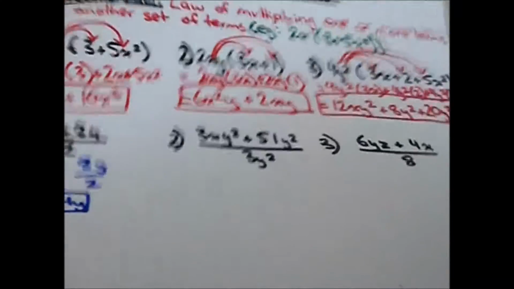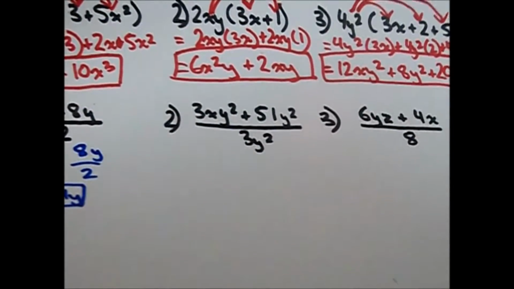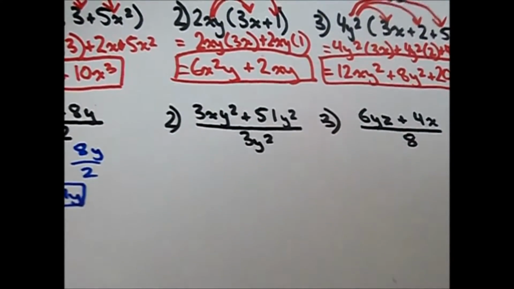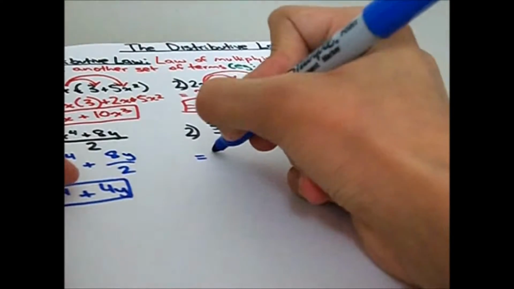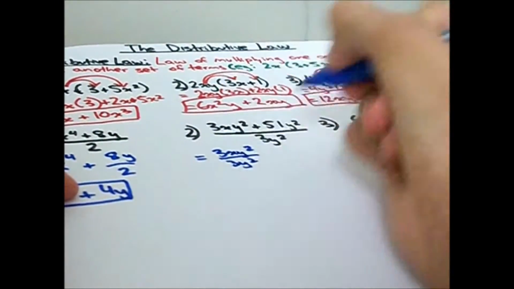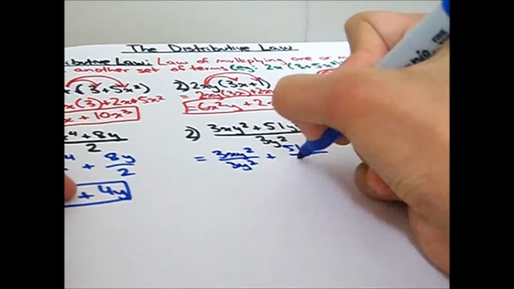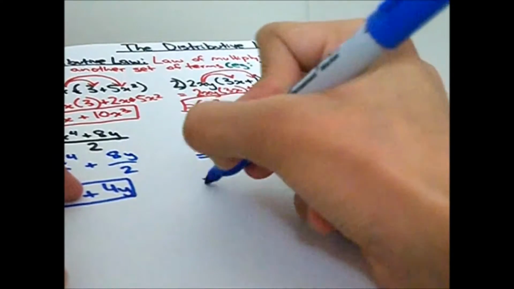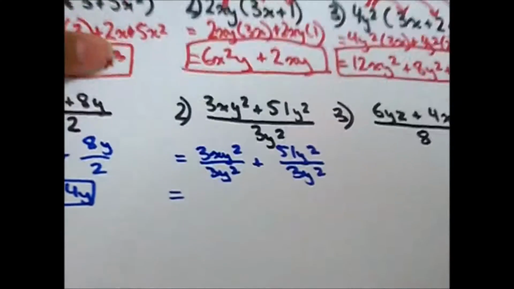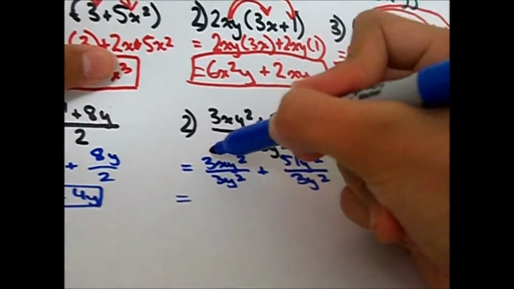Slightly more complicated, and we have 3xy squared plus 51y squared, divided by 3y squared. Separate the terms. Three divided by 3 will leave us with 1, and y squared cancels out.